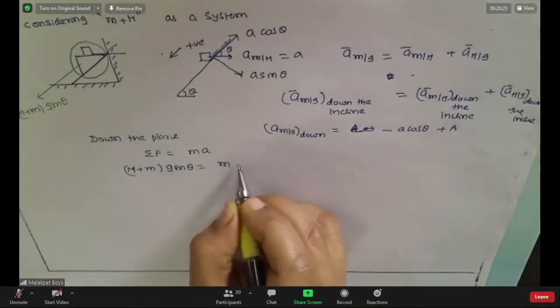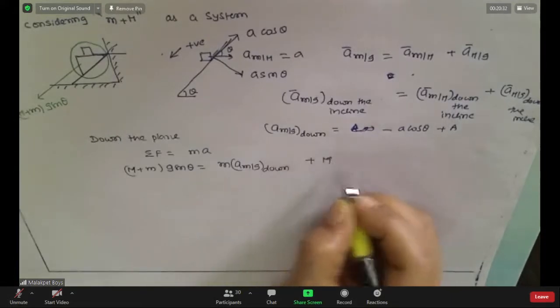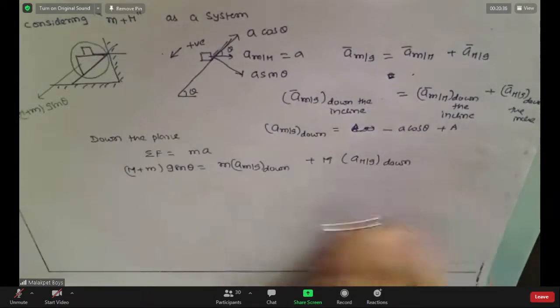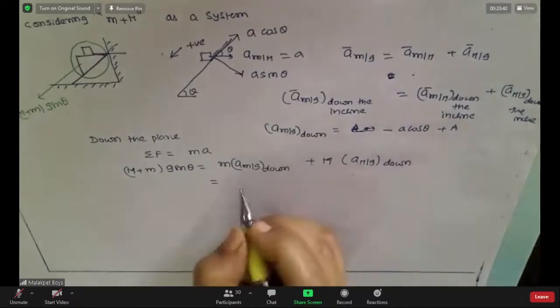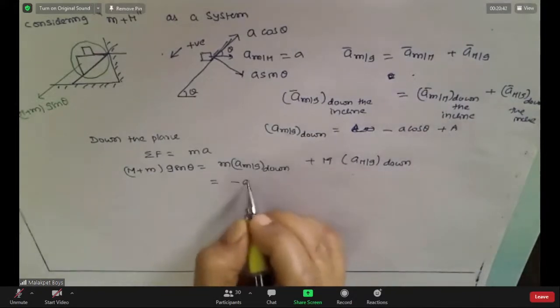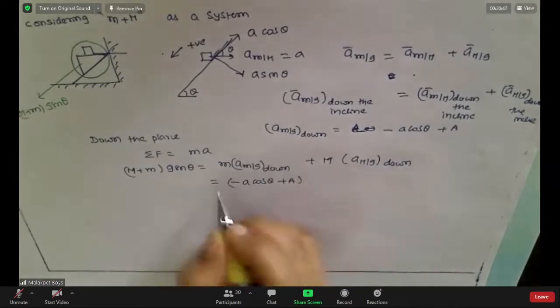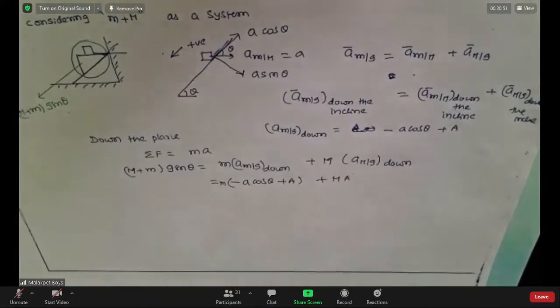Mass into acceleration of m with respect to ground down the plane, plus capital M into acceleration of the wedge. This is what we need. Down the plane, what you have here, just now you have seen. Understood this? Yes, sir.